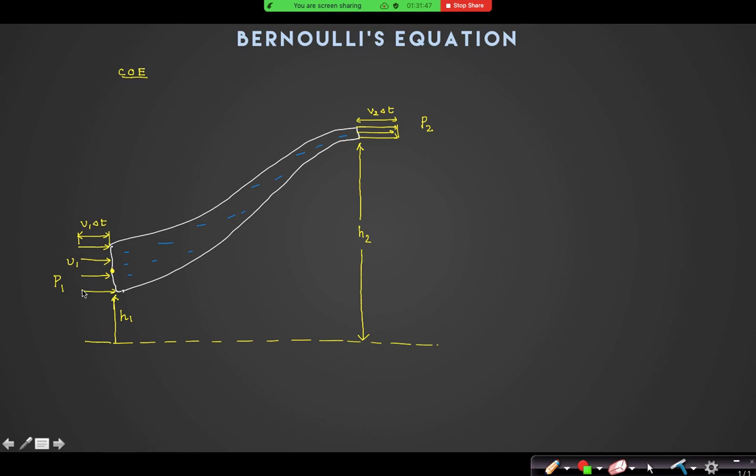I have only shifted this entire chunk of fluid from here to here. There is no deviation from the conservation of energy principle if we imagine this situation, from the initial original situation. So this is my initial position 1 and this is my final position 2.